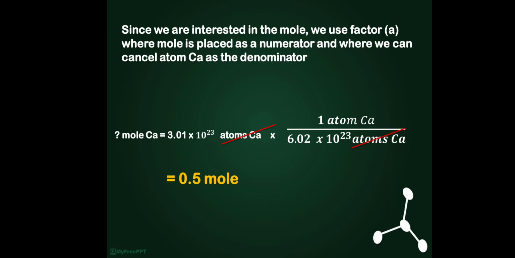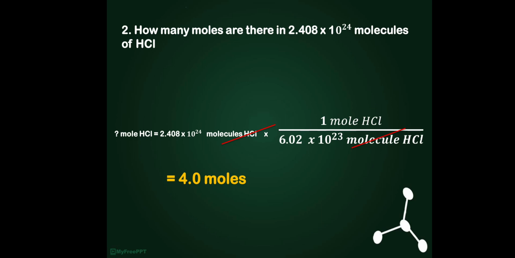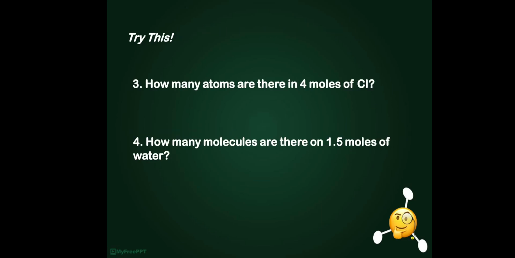Like for example this one, pwede mo siyang gamitin 0.5 or 0.5 times 10 to the power of 23. Ganun lang. So let's avoid this so-called confusing part. You can stick on 4.0 moles here. Pwede mo na yan lang ang isagot mo kapag hindi magkapareho ang power ng both substance. Okay? So that's it. That is the answer for question number 2.